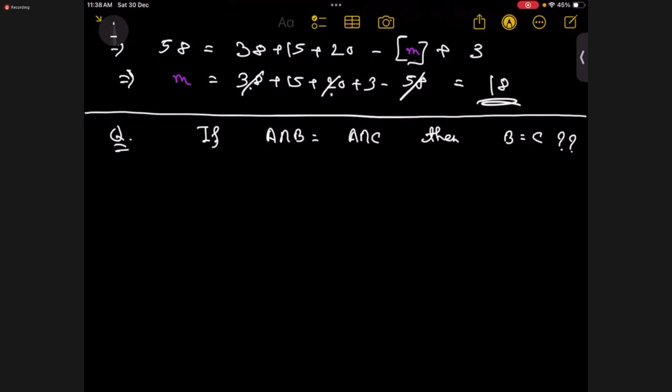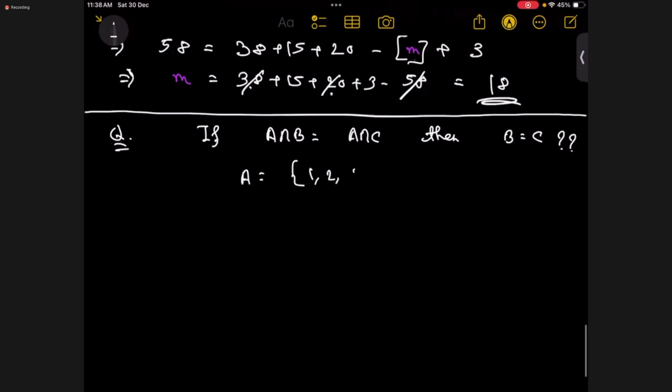Let us check. Let A equals {1, 2, 3}, B equals {3}, and C equals {3, 4}.